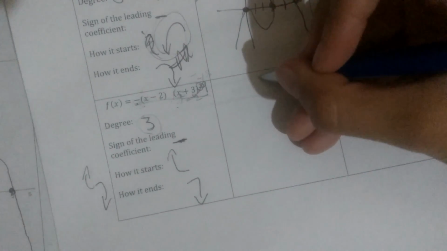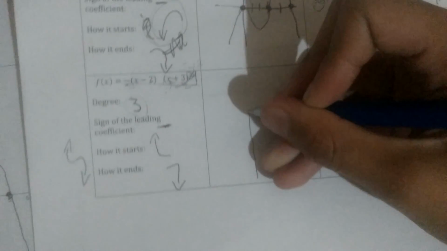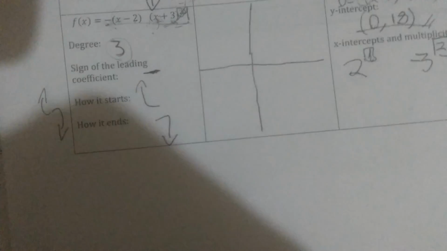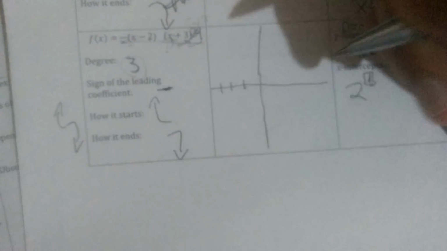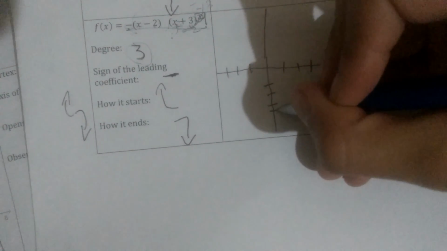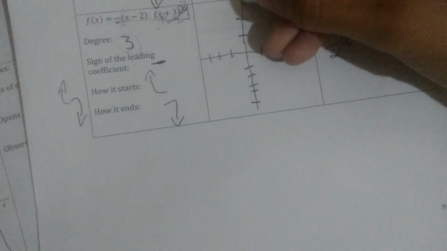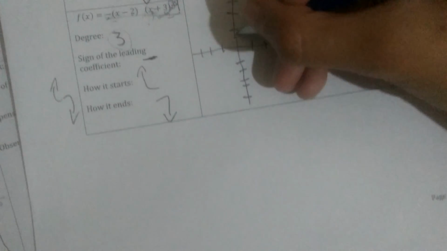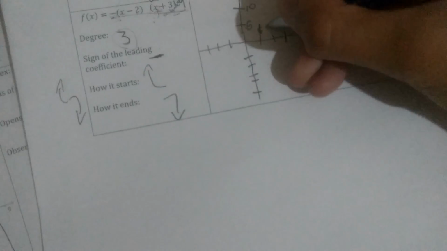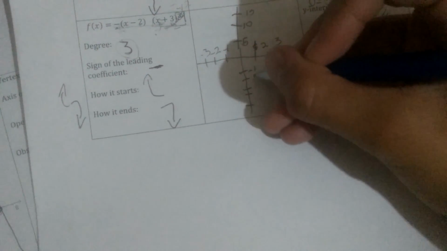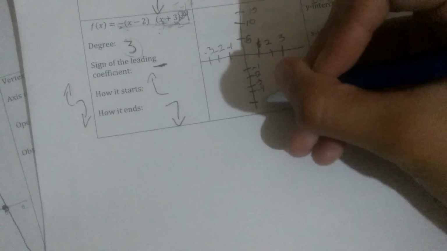So the next thing we have to do is to graph. It's easy when you already have the x-intercepts, the y-intercept, etc. So the first thing is to mark 1, 2, 3 on the x-axis, and on the y-axis 5, 10, 15, and the negatives: minus 1, minus 2, minus 3, and on y, minus 1 to minus 5.